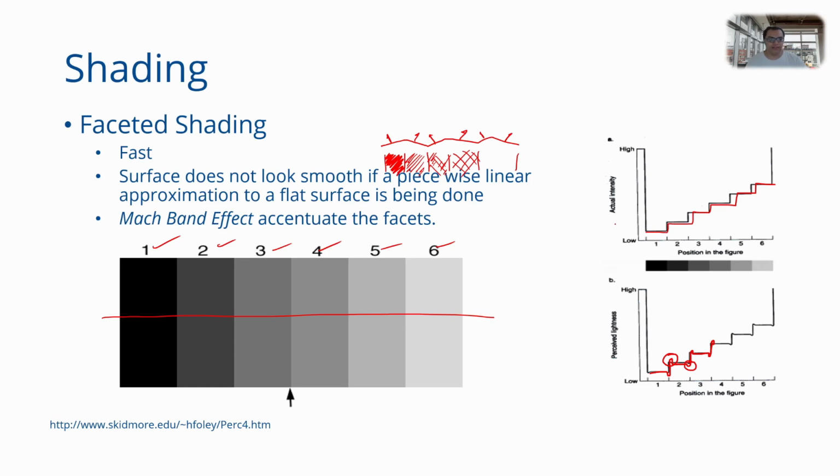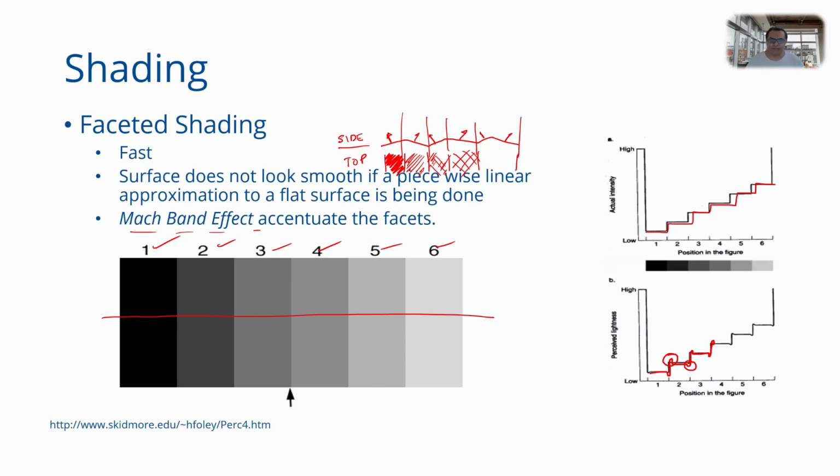So the actual intensity variations may not be that significant. But due to the Mach band effect, what you will end up perceiving when you look at this is a higher level of discontinuity at the borders. So these are the borders between the facets. Here I am showing a side view of the facets if it was not clear. And this is a top view of a series of faces that represent, say, a surface. Then due to the Mach band effect with faceted shading, they appear more discontinuous than they are.